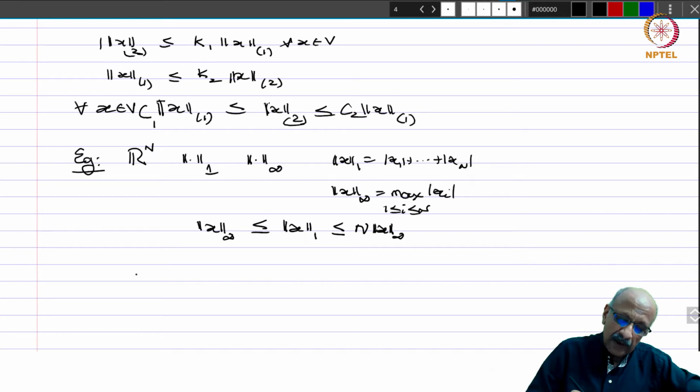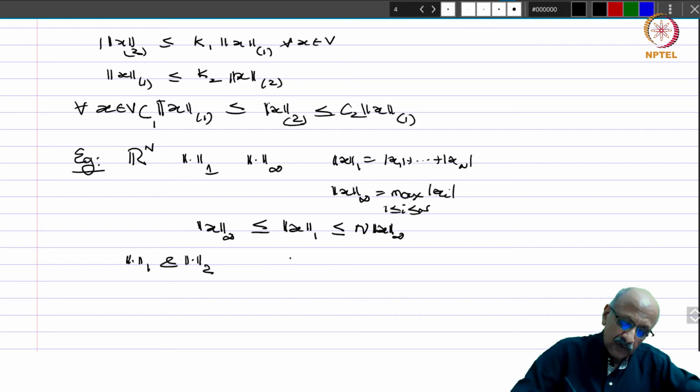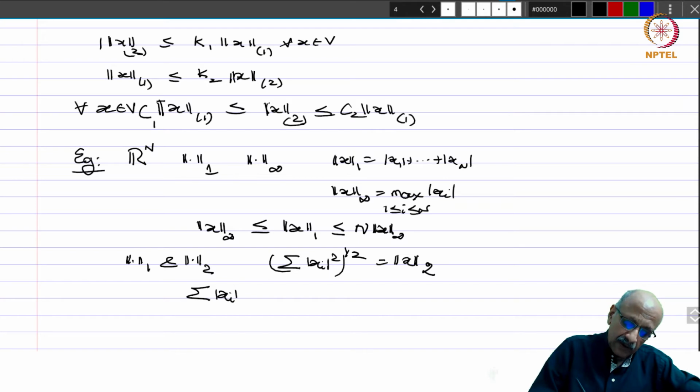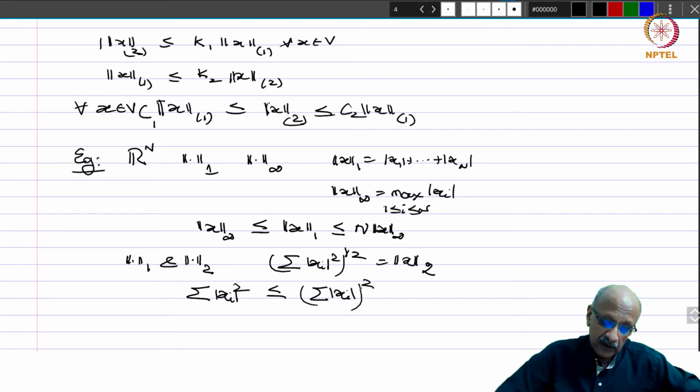Now let us look at norm x1 and norm x2. So norm 1 and norm 2. What is norm 2? It is sigma mod xi square, to the power half, that is norm x2. So we have that sigma mod xi square is always less than or equal to sigma mod xi whole square, because the cross terms are missing, only the squares are there.